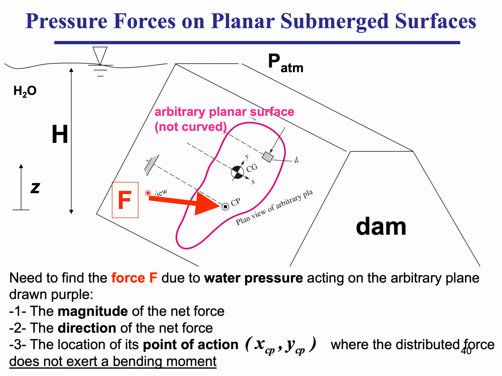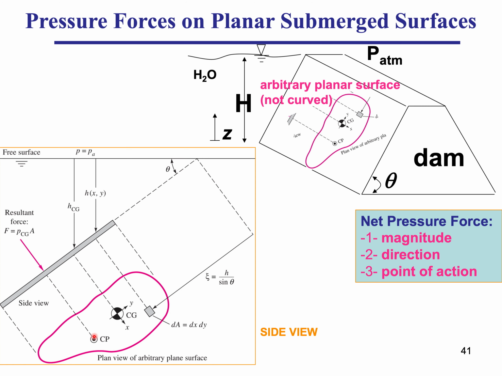As well, we want to find the two orthogonal components that make up the pressure force. In other words, we want to find the direction of this pressure force, which, because it comes from the pressure, is going to be perpendicular. Okay, very good.